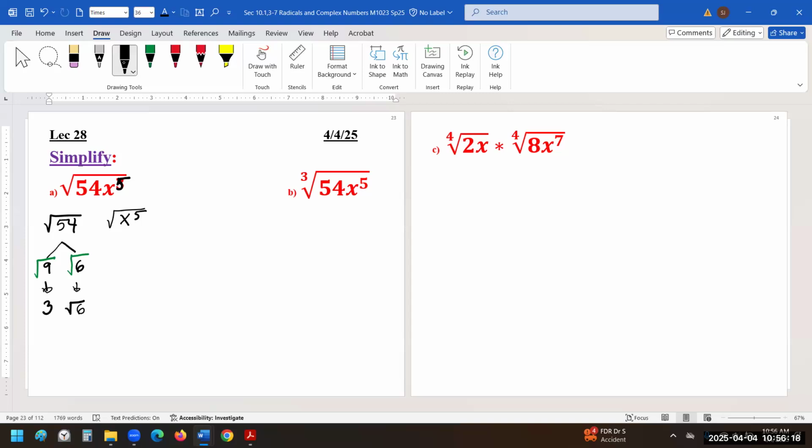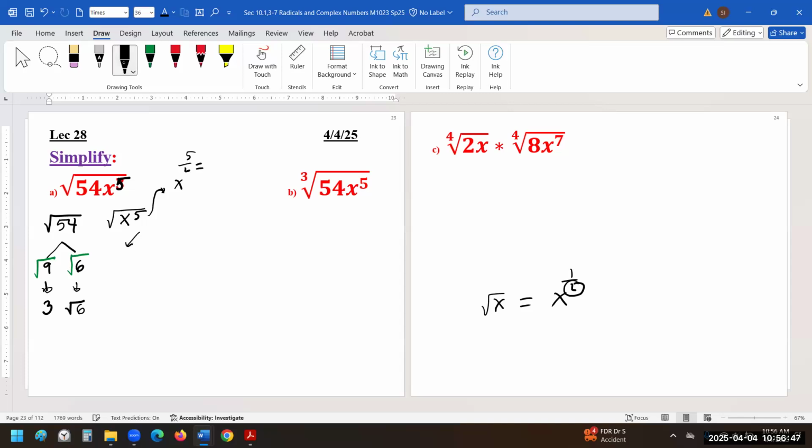For variable, square root means our denominator is what if you convert into exponents? Square root of x is x to the what power? 1/2. So the denominator is 2. So we want to see, can you divide 5 by 2? Here, this is the same as 5/2. Can you divide 5 by 2 evenly?